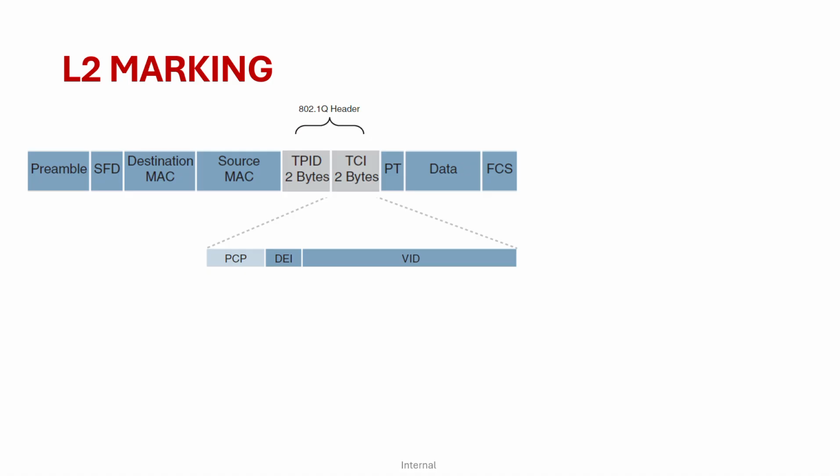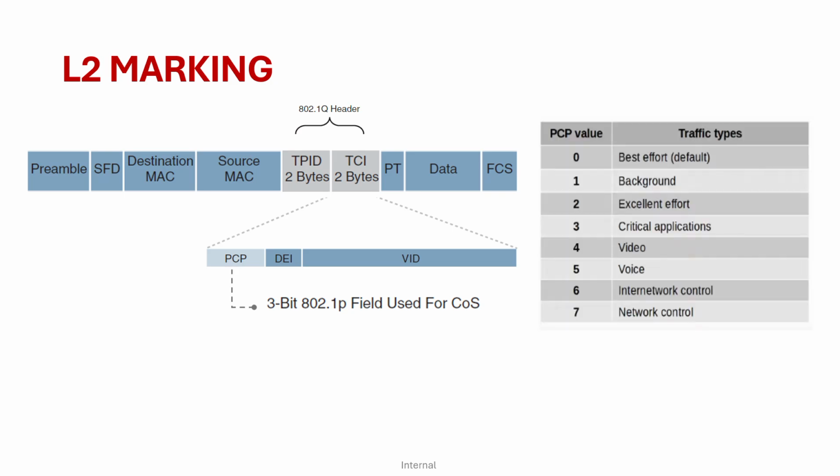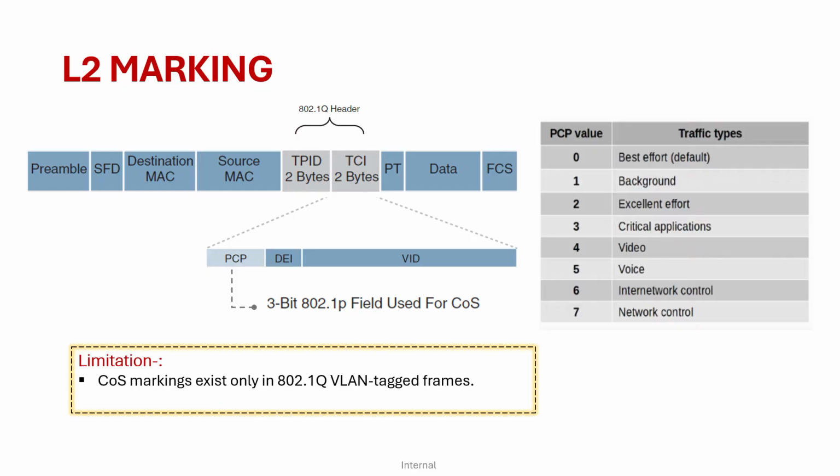The PCP field is 3 bits, allowing 8 priority levels from 0 to 7, where 0 is the lowest priority and 7 is the highest. However, QoS marking exists only in 802.1Q tagged frames. If the traffic passes through a non-802.1Q link or a layer 3 network, the QoS marking is lost.